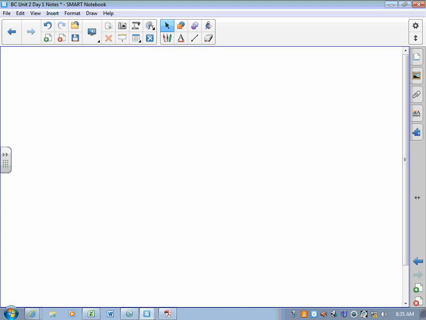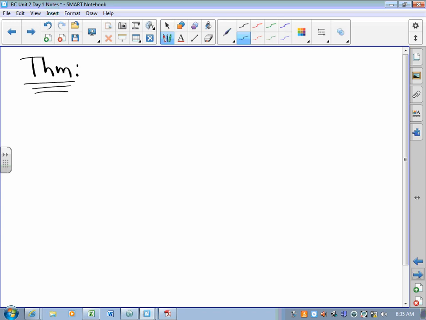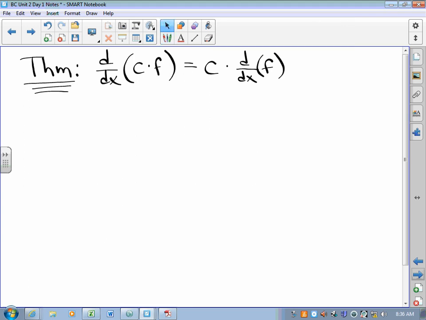Theorem 3. And again, we've got to build up to the power rule here. The derivative with respect to x of some number times some function is the number times the derivative of the function. In other words, constants just come along for the ride when they're multiplied in front. Well, why does that make sense?